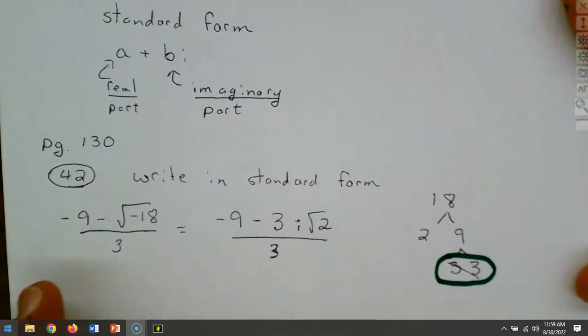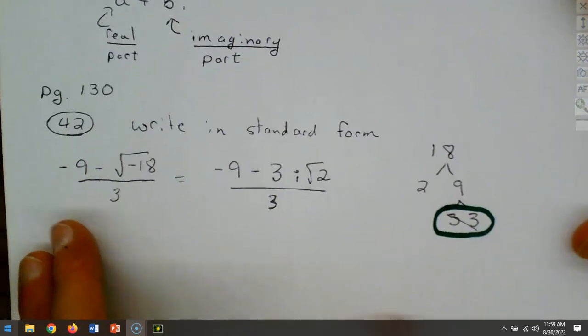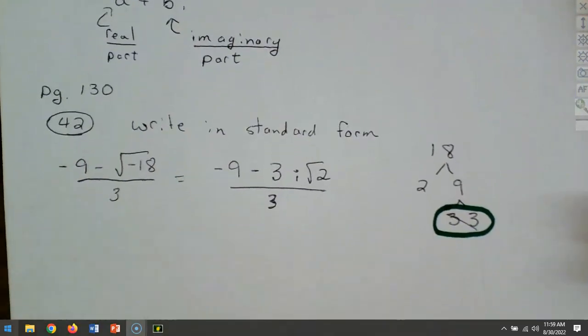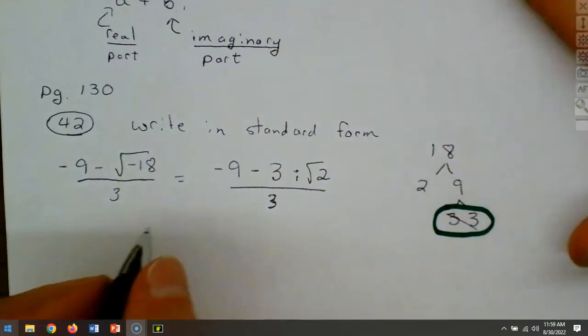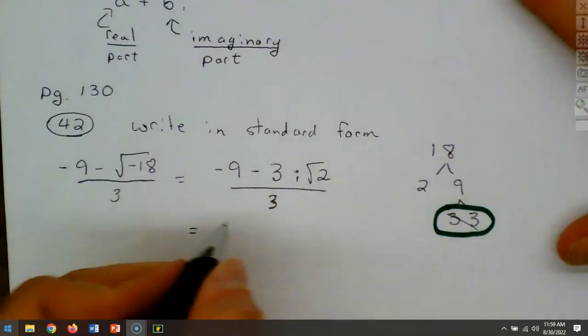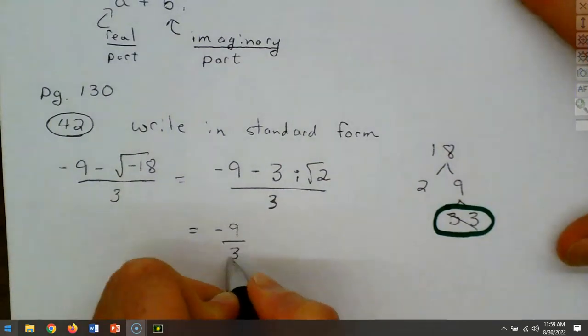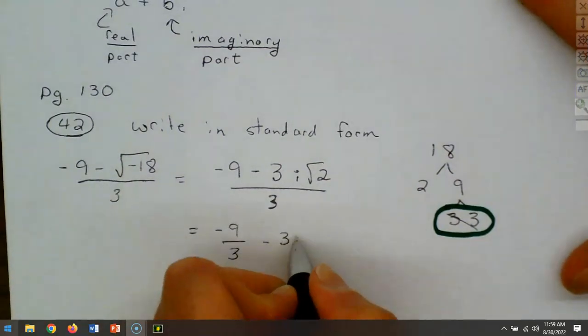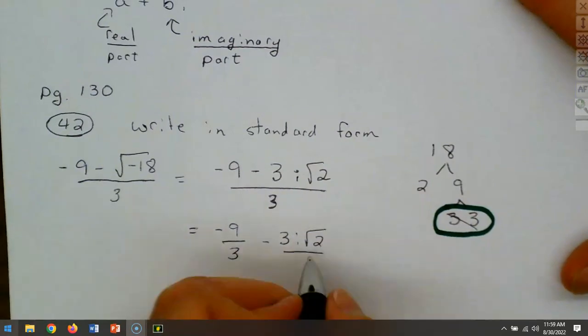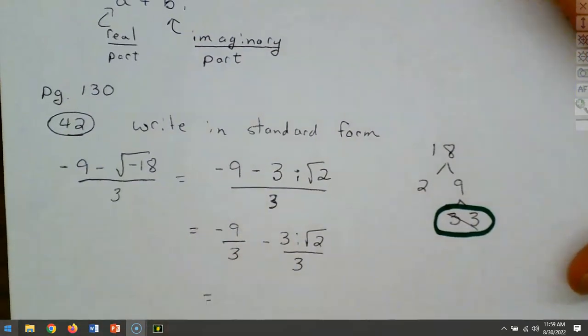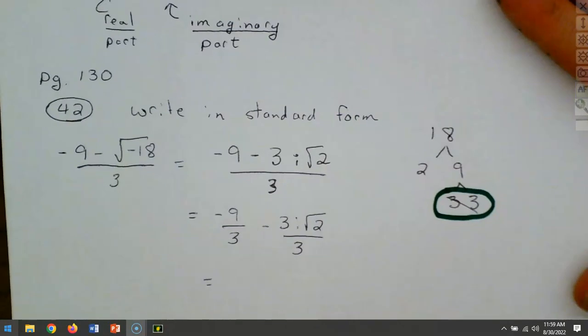Now, when we write this in standard form, what we do is we separate each of them out into the real part and the imaginary part, and we reduce it. So we separate this out then into 2 separate fractions, and we reduce it down to get standard form.